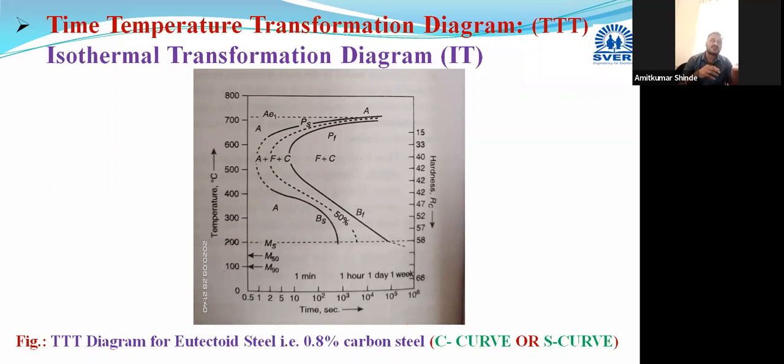Initially I have provided the heat in the temperature zone above A1, that is to get into the austenitic region. I have heated the samples in the austenitic region.